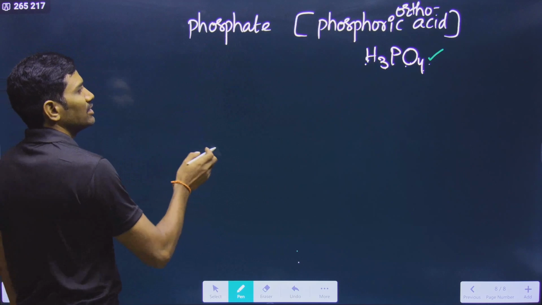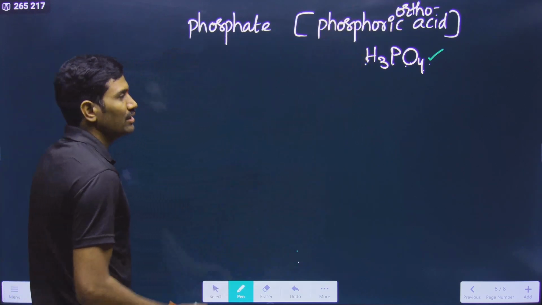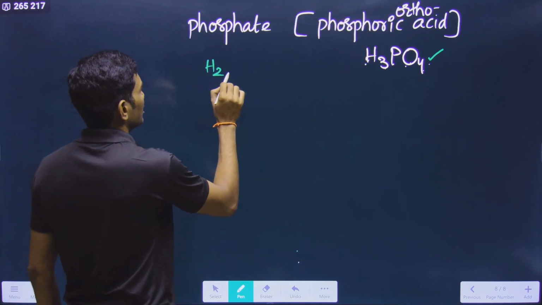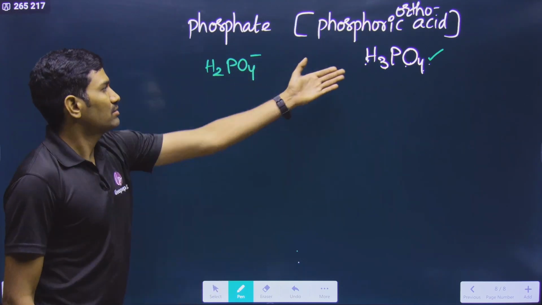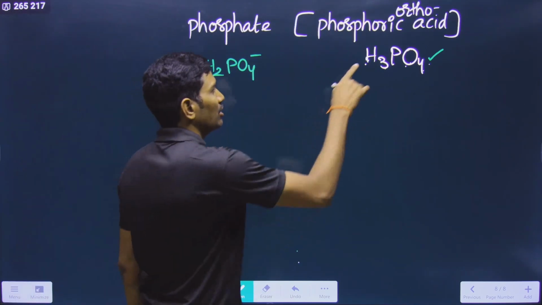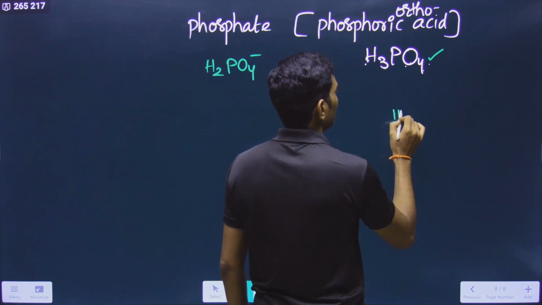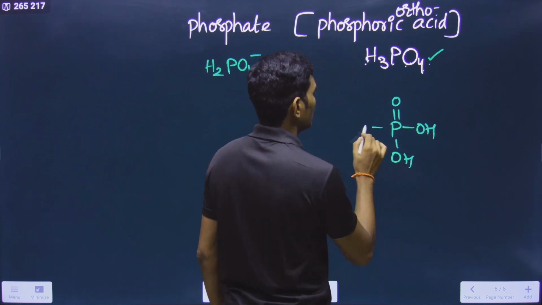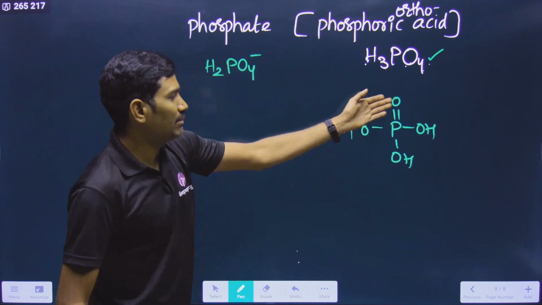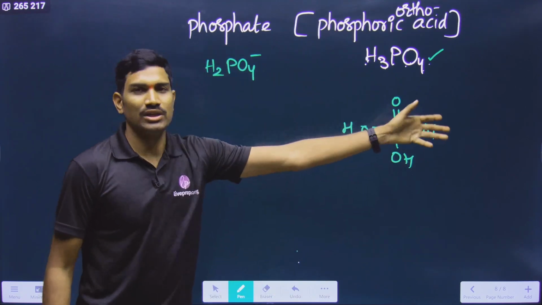If you want to write phosphate, one H plus you need to remove. If you are writing for P, its valency is 5, so it will be like this. P double bond O, OH, OH, OH.